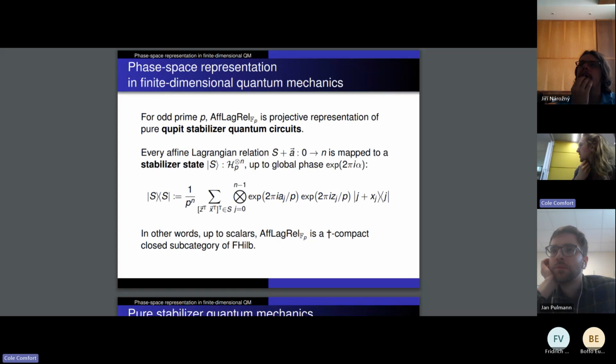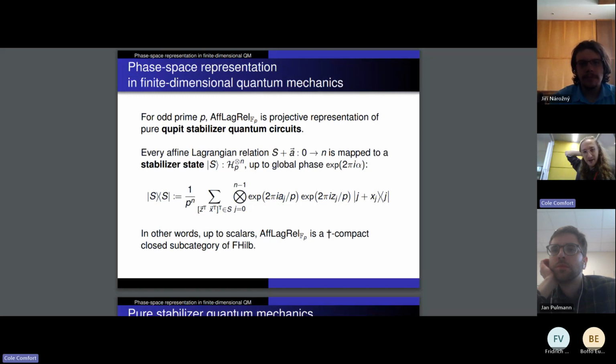So if you fix P to be an odd prime number, and odd is important for annoying technical reasons, because at some point you have to divide by 2, then this prop which we've axiomatized of these affine Lagrangian relations over Fp is a projective representation of what's called Q-pit stabilizer quantum circuits. So the dimension of the state space or the phase space is given by P. It's like Q-dit, but for primes.